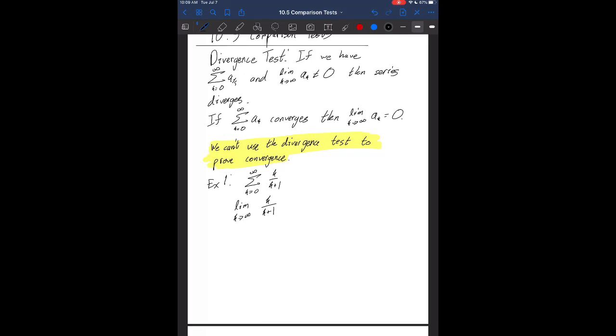Both k and k plus 1 are polynomials. And in particular, they have the same degree. They're both linear. They both have a degree of 1. So we know this is actually going to be equal to the leading coefficients over the leading coefficients, or 1 over 1. So this is going to be equal to 1. 1 clearly not equal to 0, so this diverges.